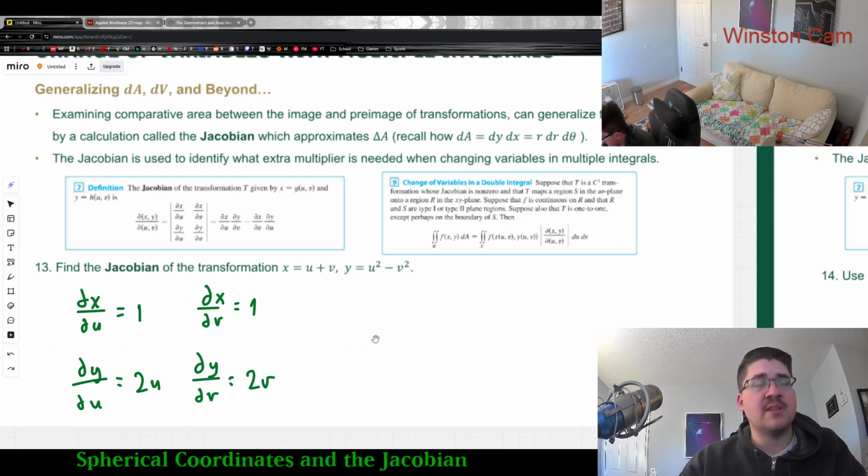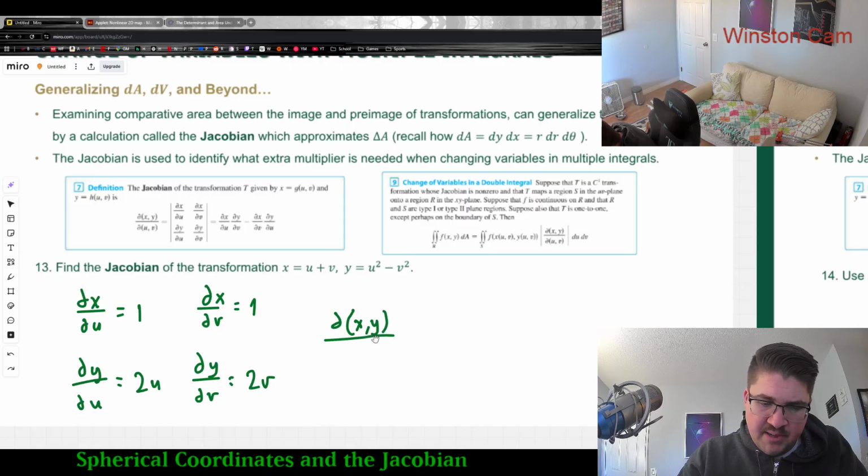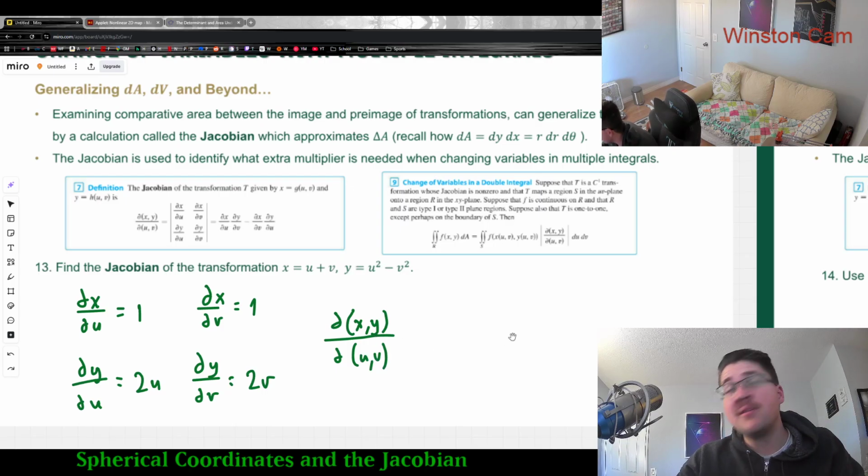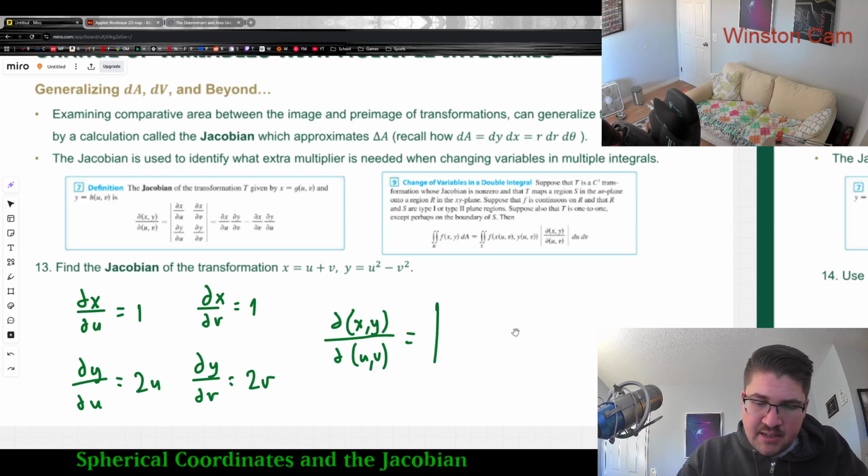This notation represents the change in variables for our double integrals, or triple integrals if we were to do a three-variable transformation, which we'll look at in a second. It's going to be the determinant, and we're just going to put those things into a matrix.